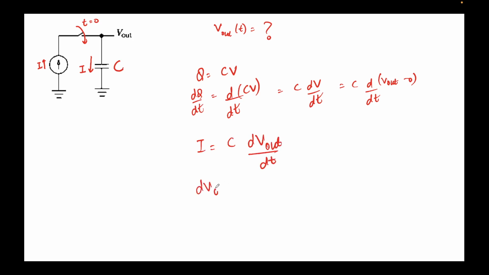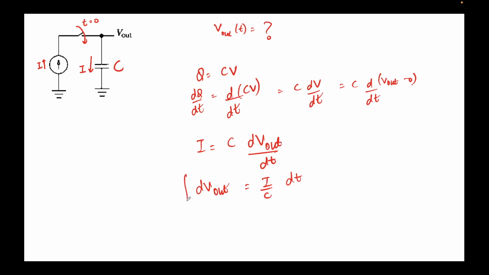I'll rearrange the terms and take dV out to the left side. It becomes I over C dt. This is the differential equation that we obtained. Note that I is a constant because we are given an ideal constant current source, and C is a constant we have assumed.